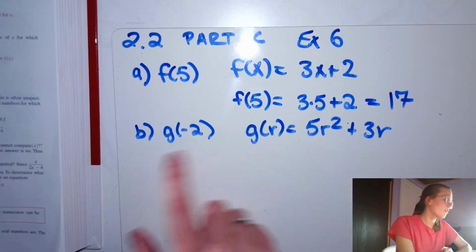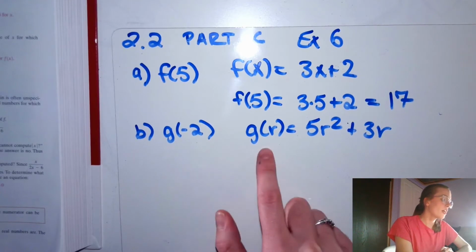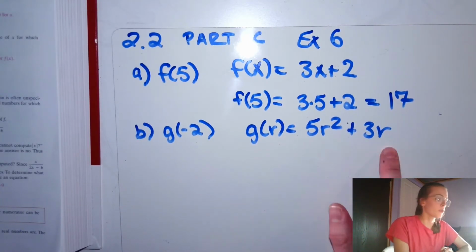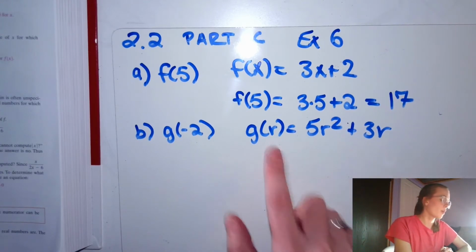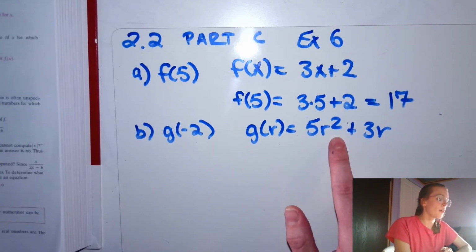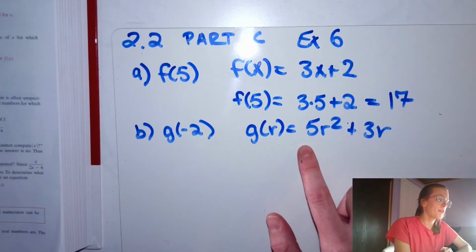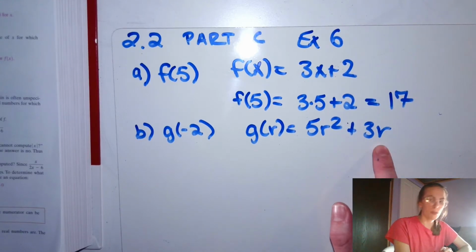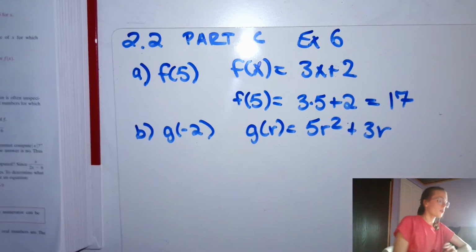So g of negative 2 for g of r equals 5 times r squared plus 3r. Whatever the input is, in this case negative 2, you're going to square it, then multiply by 5, and then add triple of that number. So 3 times that number. So this is what we'll do.